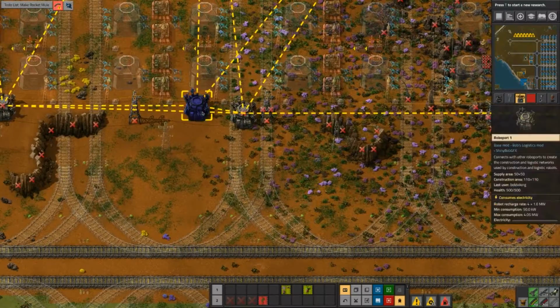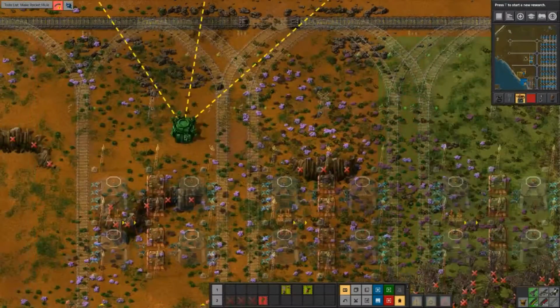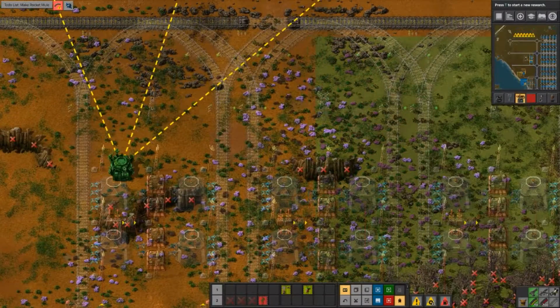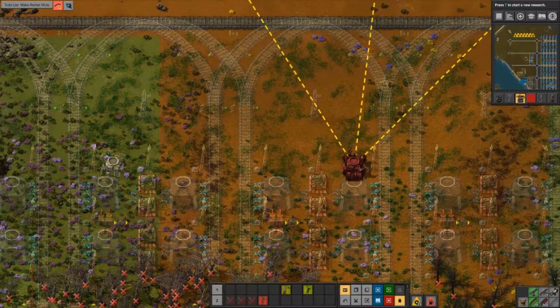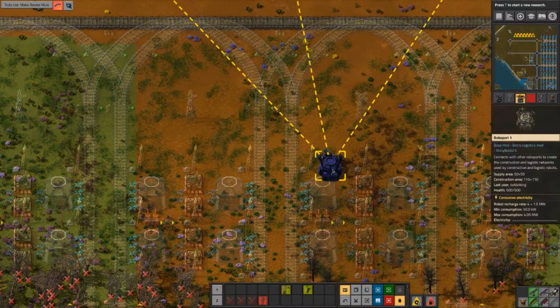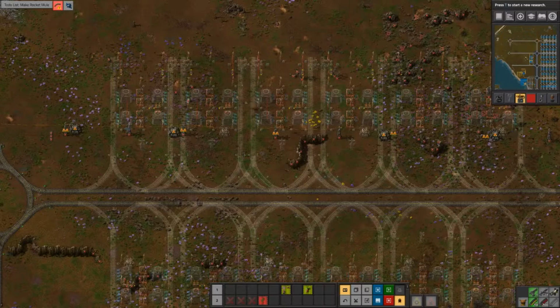So every 2 of these, 1 robot port. Same down here. Every 2 of these, 1 robot port. And then it will be built.